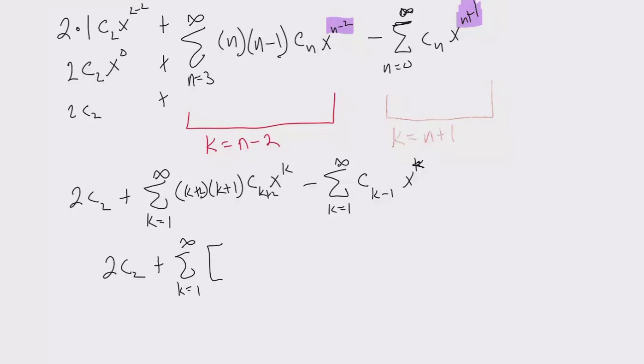And then we have this nice lovely pattern here of k plus 2, k plus 1 times c of the k plus 2 term minus c of the k plus 1 term, all of that times x to the k power. And so now we found a way to combine that into a single power series.